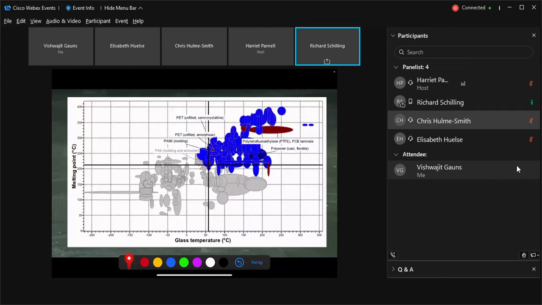So that's where you can use the maps provided by the so-called surveyors from Granta EduPack, and you have the glass temperature as the longitude and the melting point as the latitude on this Mercator projection of materials, and then you find out, okay, if I can use nylon, for instance, PA66, or polyester fibers, no problem to use them with a PLA material in an FDM machine. So that's the way you use the map.